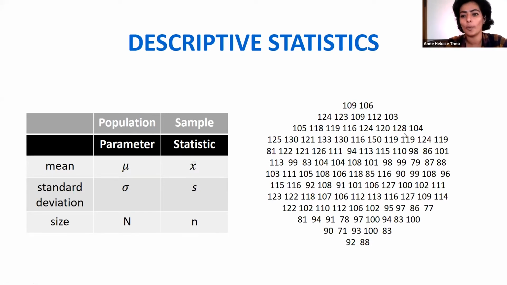So now we move on to the descriptive statistics. This is something I'm sure most of you have already worked with and extracted for your data. But first and foremost, when it comes to statistics, what are we doing? We're trying to figure out, let's say, what is the size of leopards in the Himalayas.